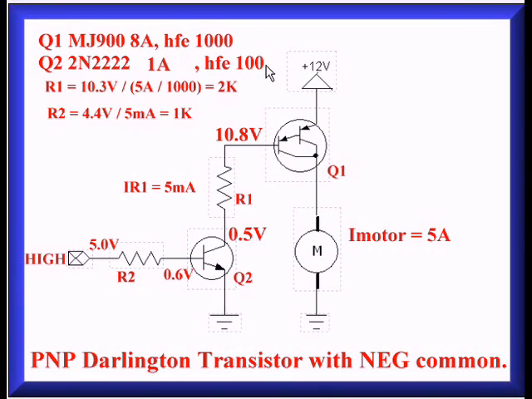Well, 5 amps divided by 1,000 is 5 milliamps. I just need 5 milliamps through here. 10.8 volts divided by about 560 ohms for R1, 2.2K for R2. You can be approximate on these. They're not that critical.